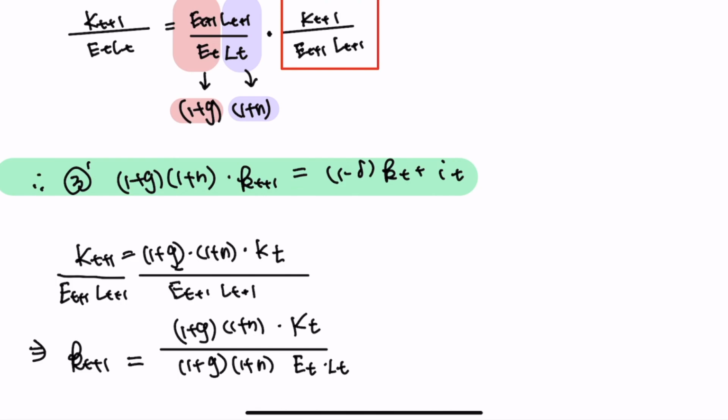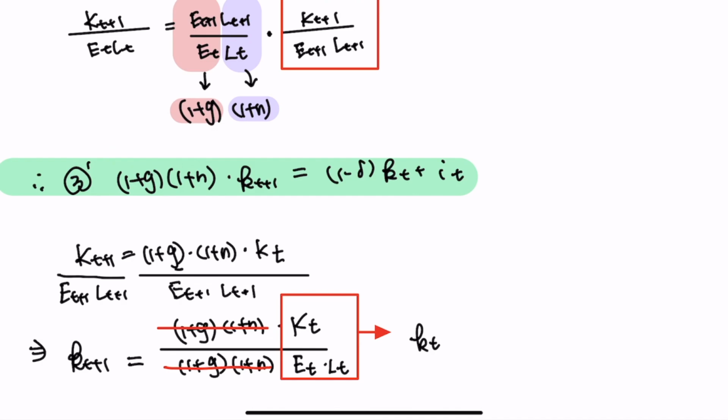And then the et plus 1 in fact equals 1 plus g times et, and lt plus 1 equals 1 plus n multiplied by lt. So then what we turn out to have is that the 1 plus g and 1 plus n get cancelled out, and then what is left is the kt over et and lt. And that is exactly the definition of the lowercase kt.